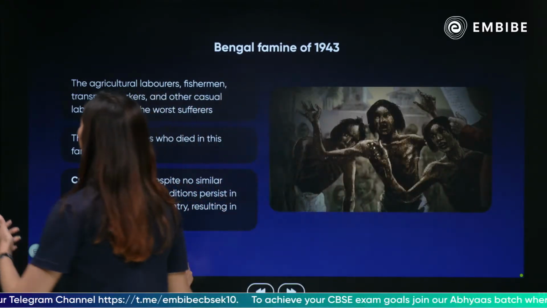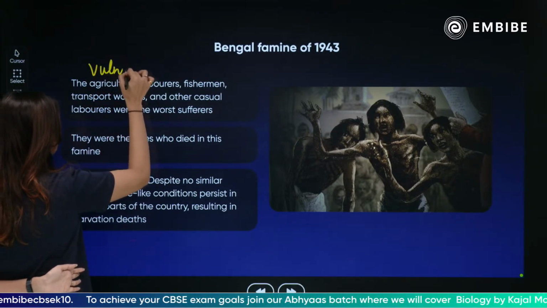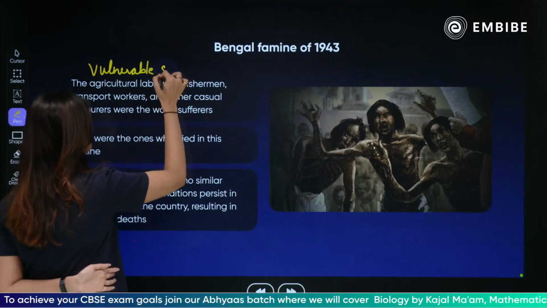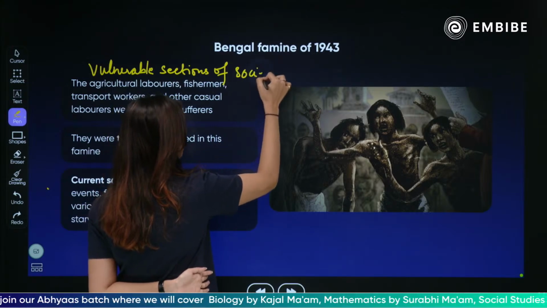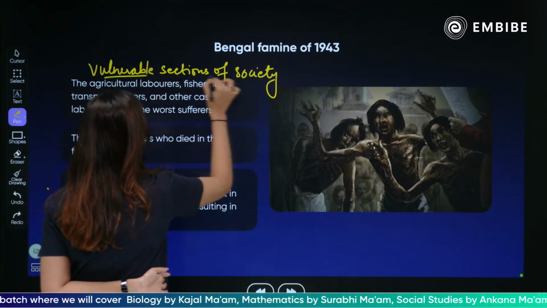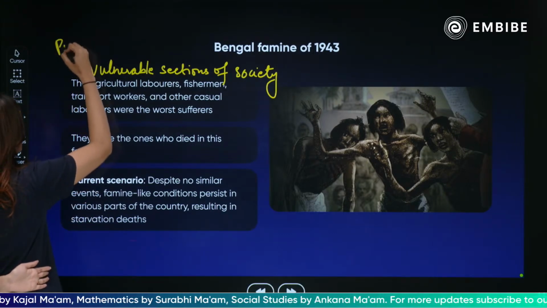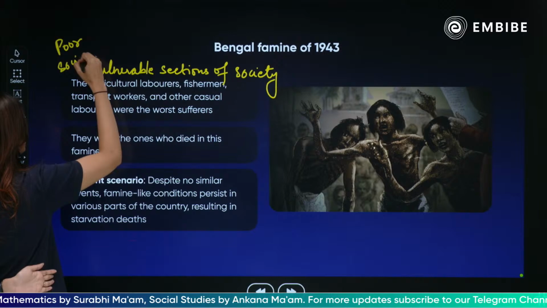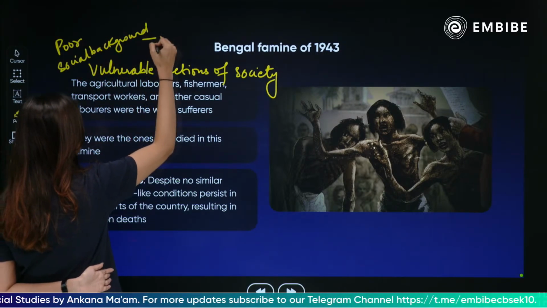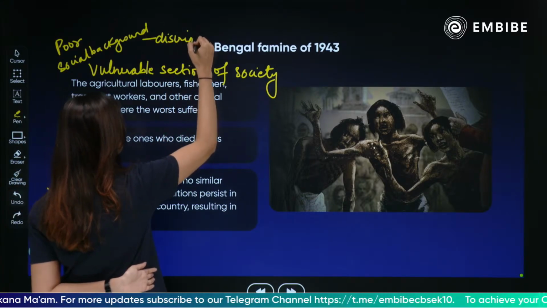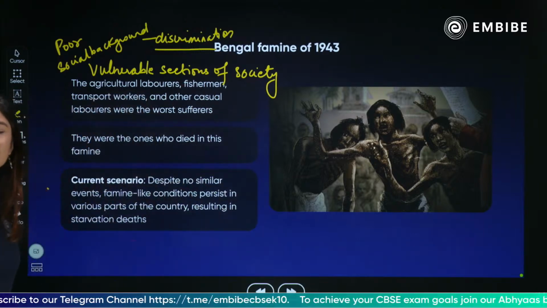So guys, if you remember, we have been talking about the vulnerable sections. आपको याद होगा? हम सोसाइटी के वल्नरेबल सेक्शंस के बारे में हमेशा से बात करते आए और इसमें हम हमेशा से ये बोलते आए हैं that these are the people who are poor, these are the people who come from a social background where they face discrimination, right? And for all of these reasons, they are more exposed to the risk.